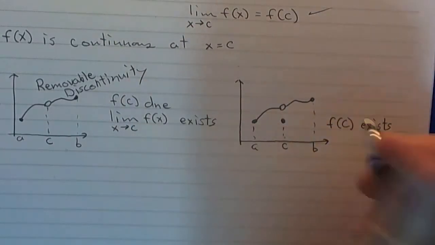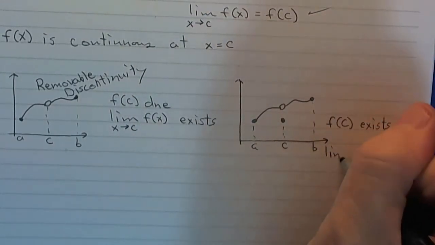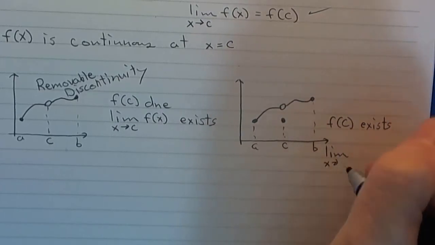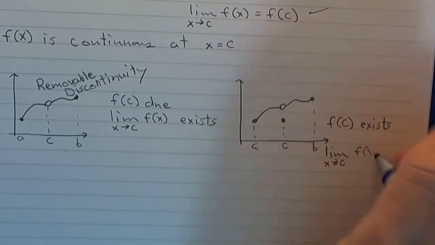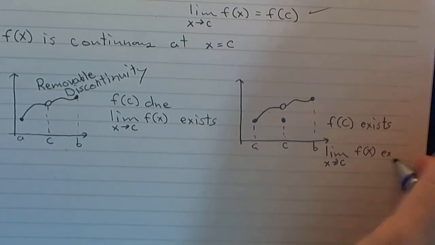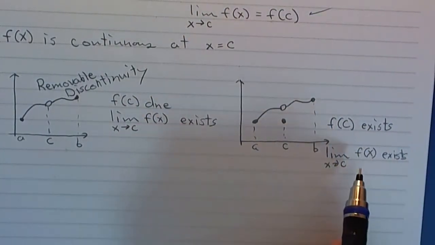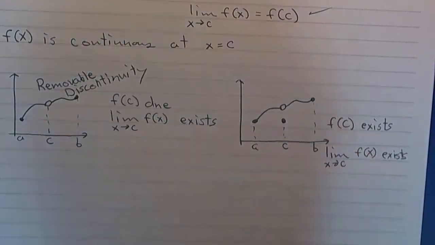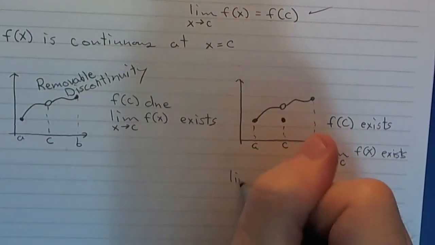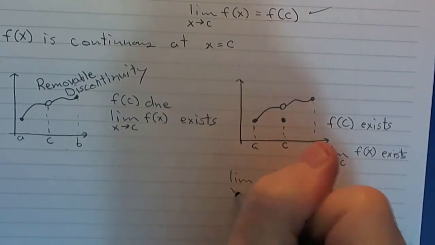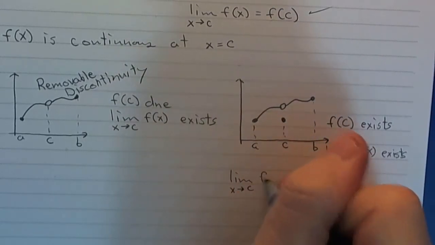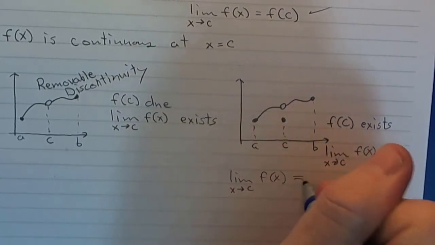However, the limit exists. Okay? So f of c exists and the limit as x goes to c exists. However, the limit is not the same as f of c.